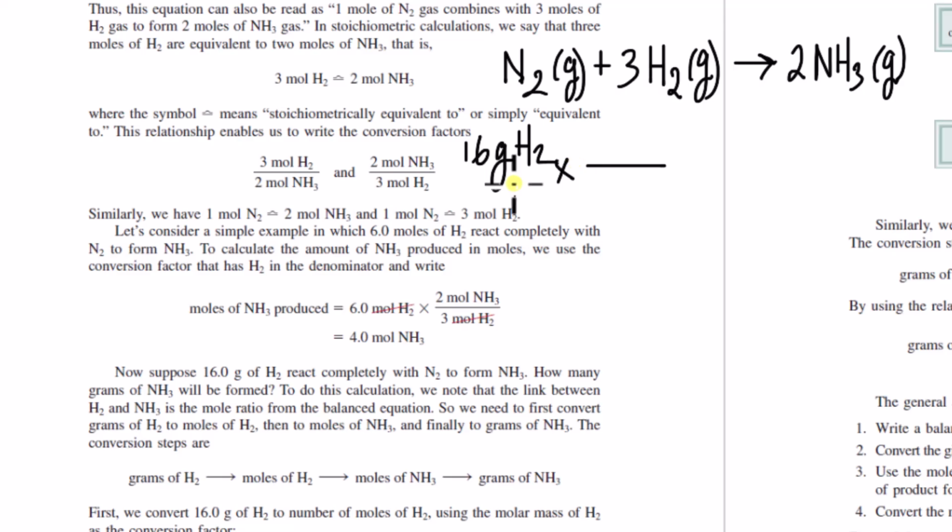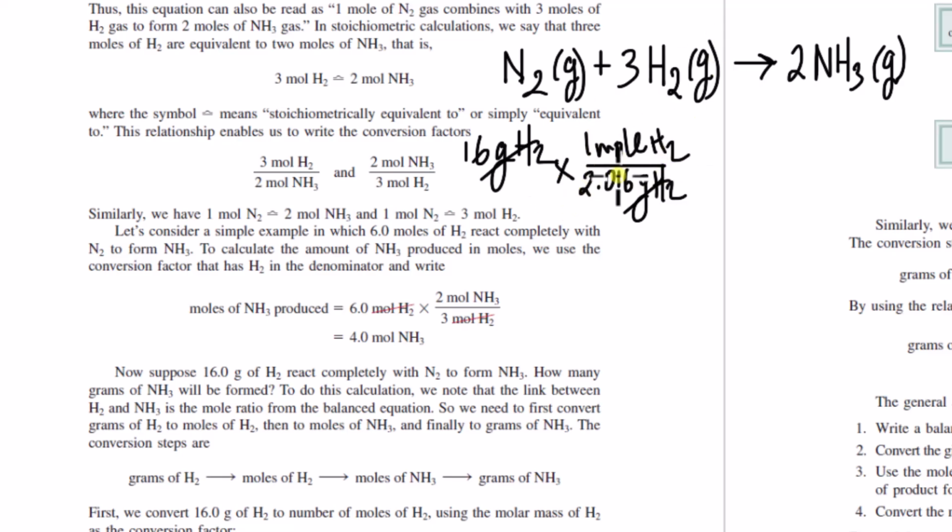So we need to first convert to moles of hydrogen gas. Well, we know the molecular weight of H2 is going to be 2.016 grams of H2 for every 1 mole of H2. Right? That's a fact. The molecular weight of H2 in AMU is also equal to its molar mass. For every 2.016 grams of hydrogen gas, H2 gas, there's going to be 1 mole of H2 molecules.